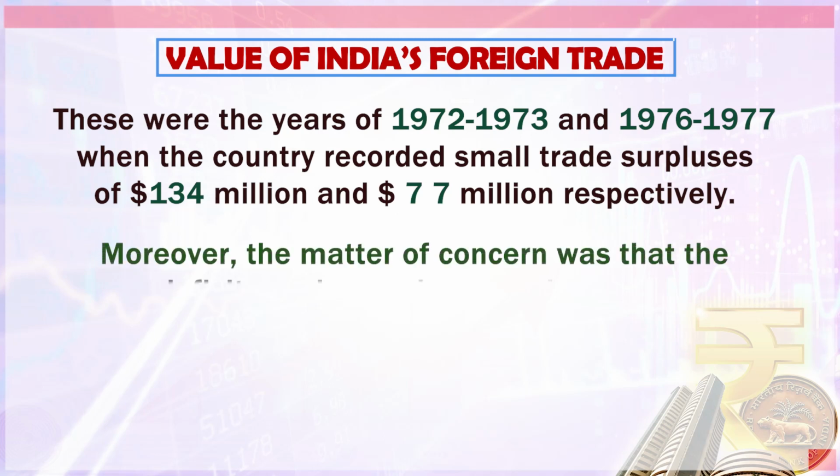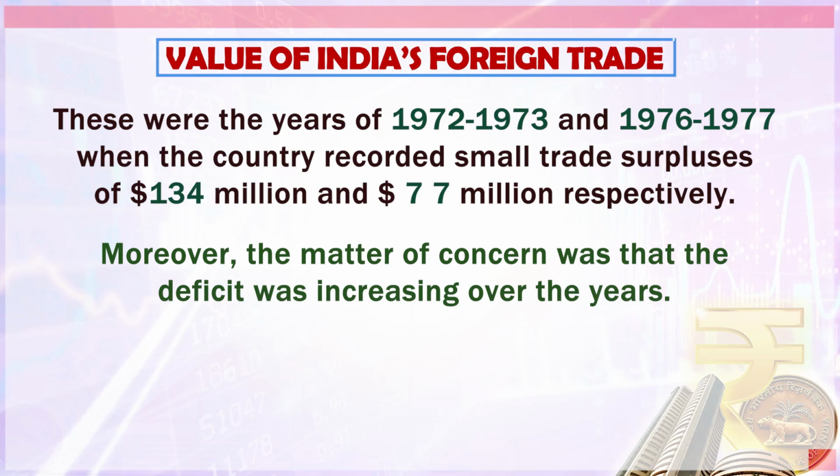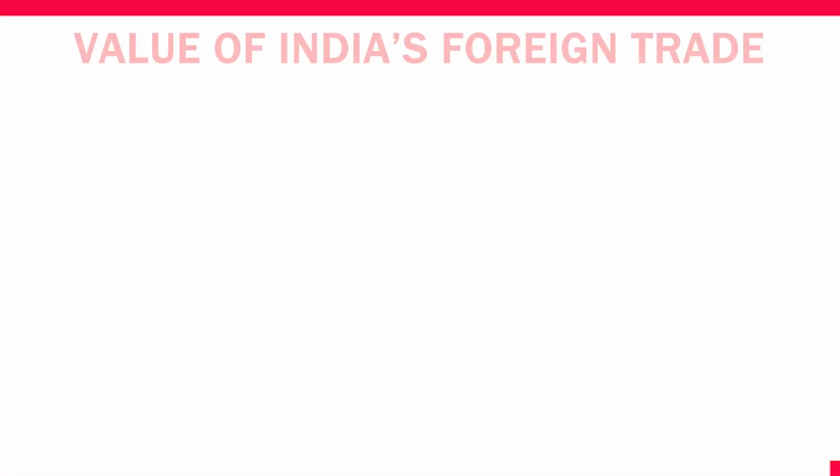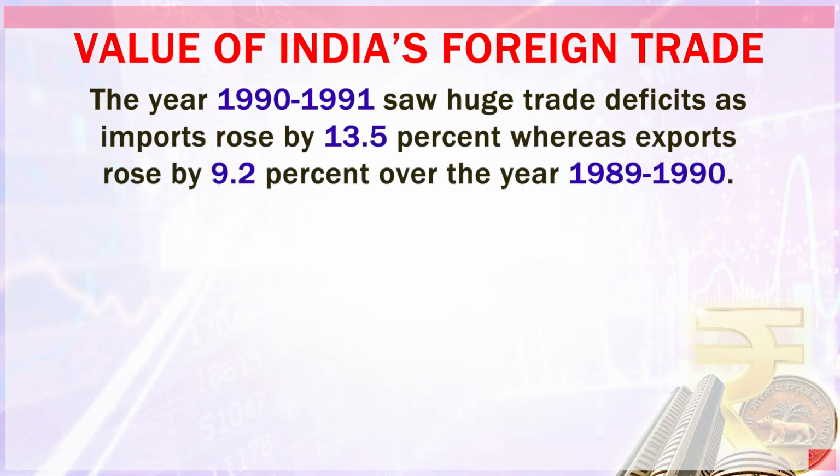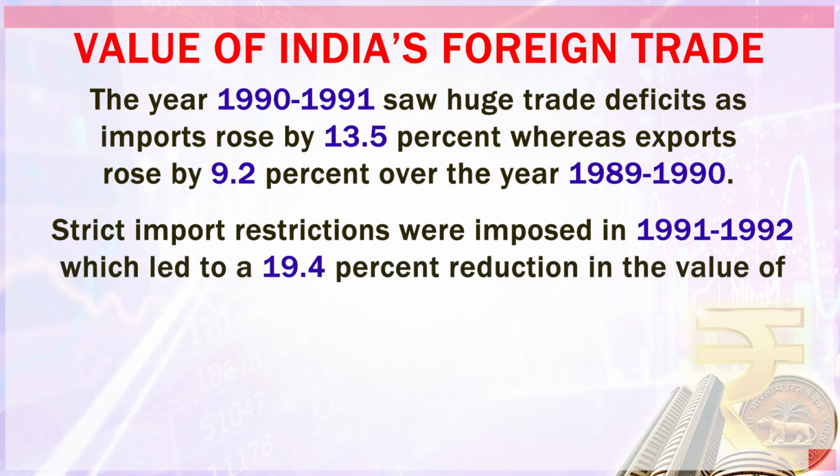And the issue of more concern was that the deficit was actually increasing over the years. Now, during 1990-91, India faced a huge trade deficit, and that is mainly because during 1989-90, India's import grew at 13% and growth of export was only 9%. So, to remove the problem of excessive trade deficit, import restrictive measures were taken.